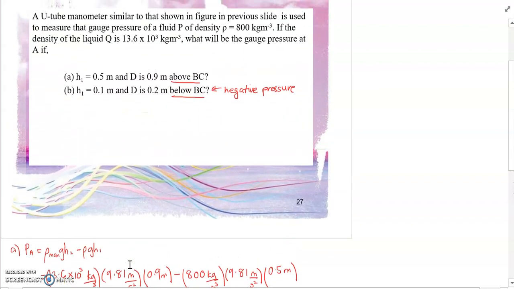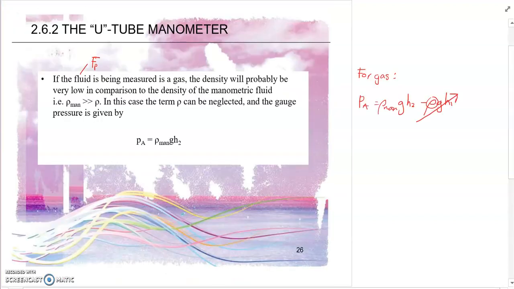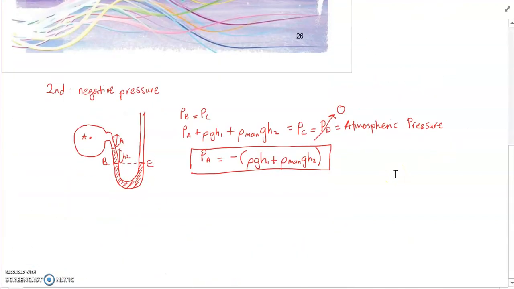Okay, now let's look at part B. It's the below BC case, so you have a negative pressure. So you can use the formula that we have derived here, where PA is equal to negative bracket rho GH1 plus rho manometric fluid times G H2.